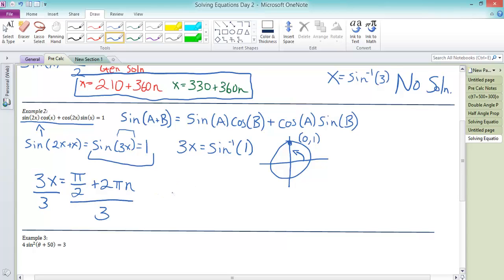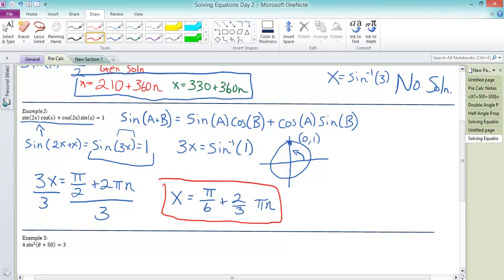And I get that x is equal to pi over 6 plus 2/3 pi n. And this is my general solution. I'll box it in red. So this is all I needed for a general solution.